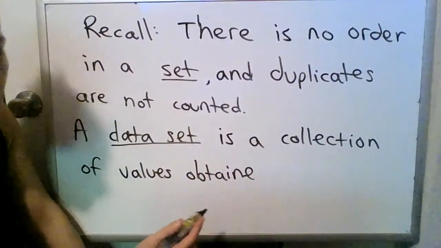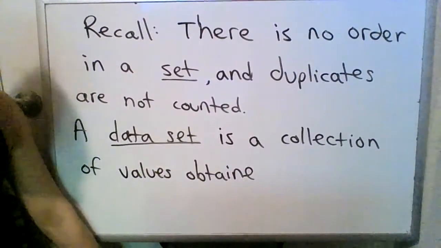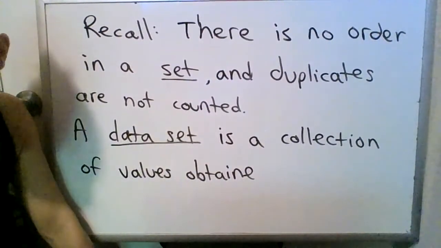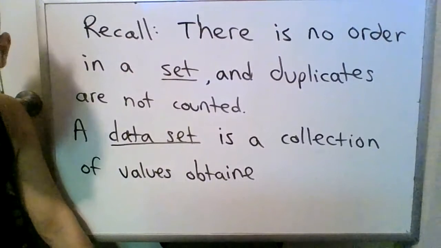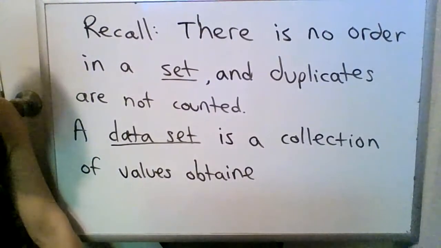So overall, a data set is a collection of numbers that represent all of the values obtained when measuring a characteristic from a population.